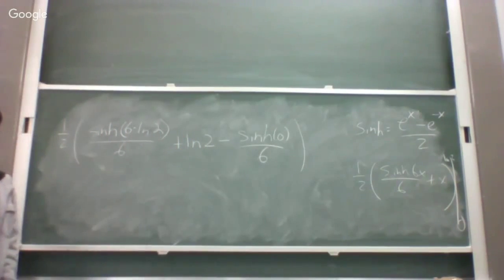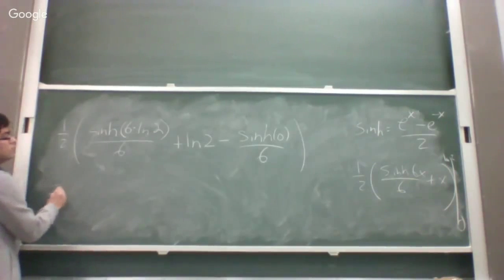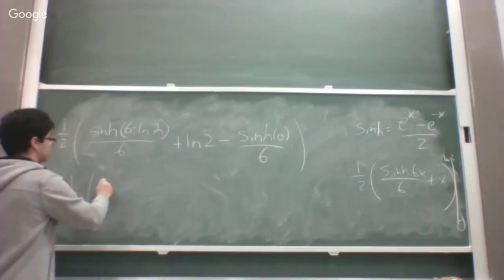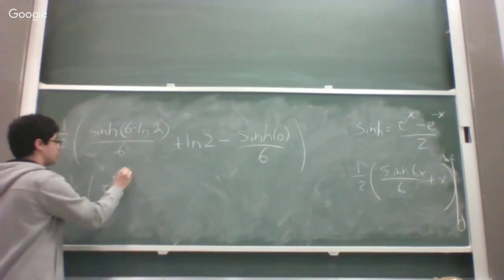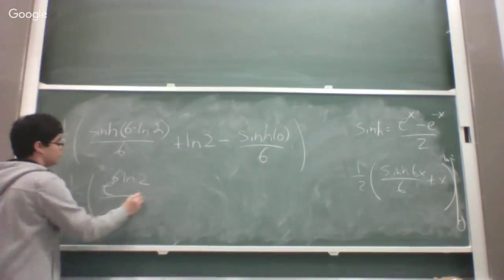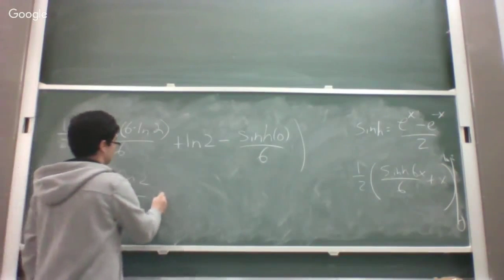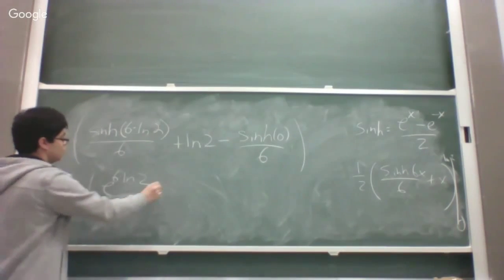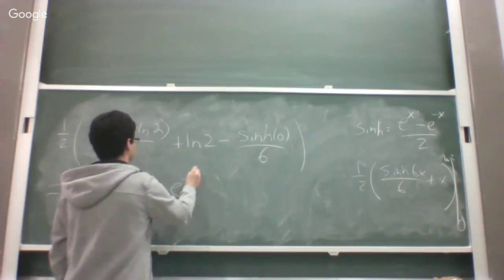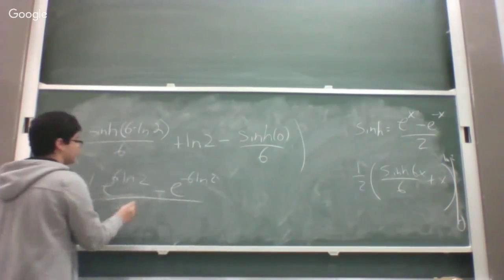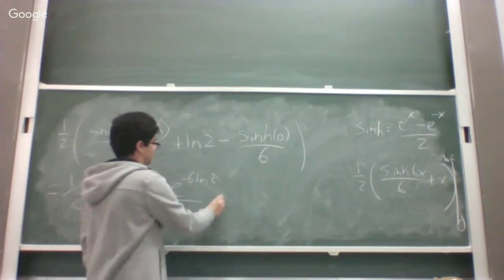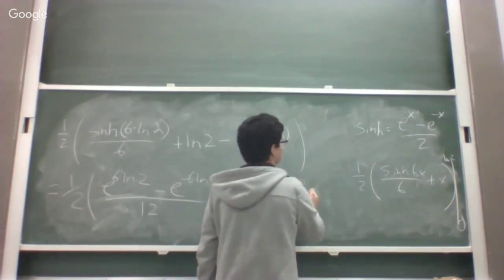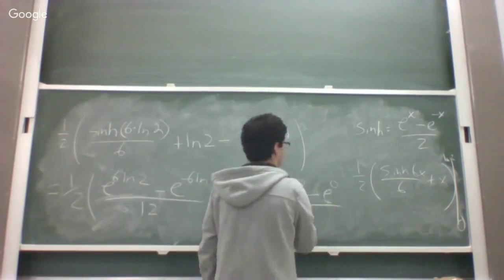All right. Now let's substitute them in. The definition is 1/2 e to the x, so it'd be e to the 6 times natural log of 2 all over 6 plus, minus e to the minus 6 natural log of 2 all over 12, plus the natural log of 2 minus e to the 0 minus e to the 0 all over 2.